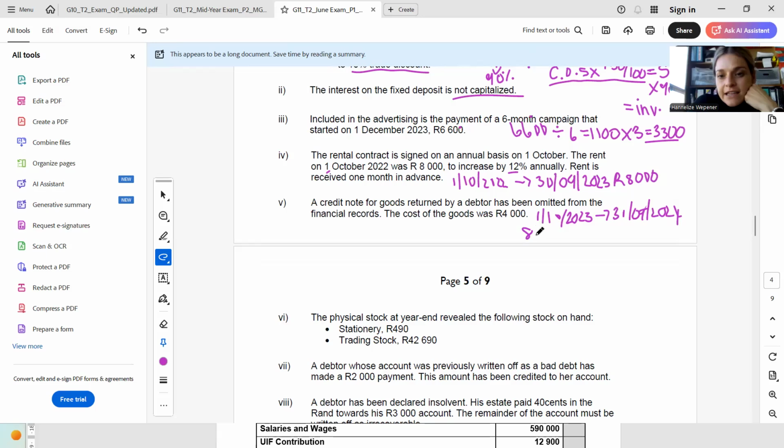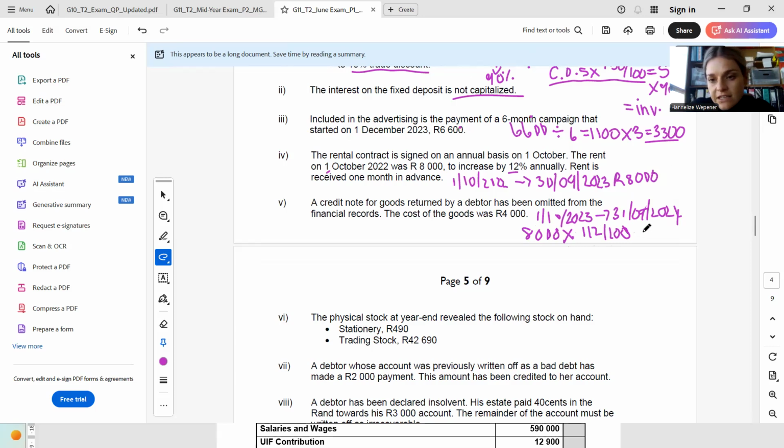I'm sorry, you guys, the zeros are not working today. It is 8,000 Rand times 112 over 100. Because remember, it's 100% of what I paid before the increase of 12%. So 8,000 Rand times 112 over 100.